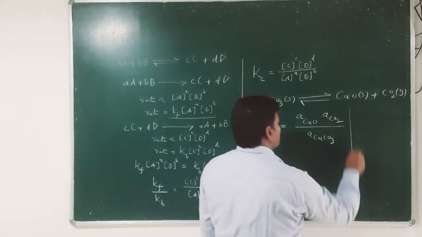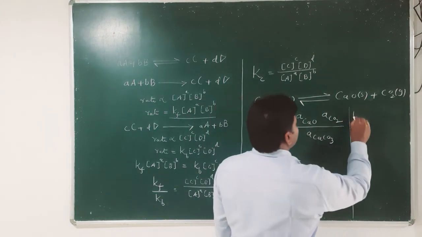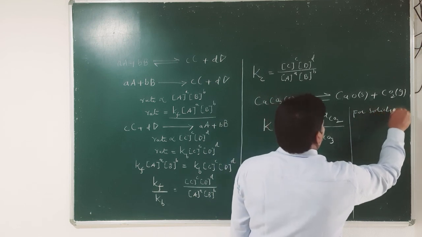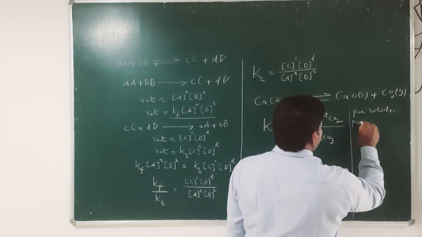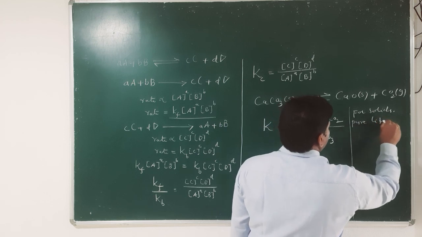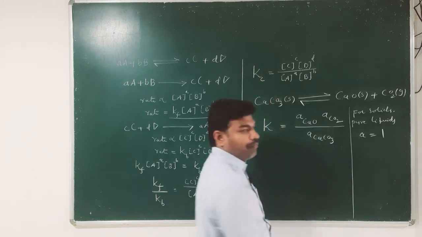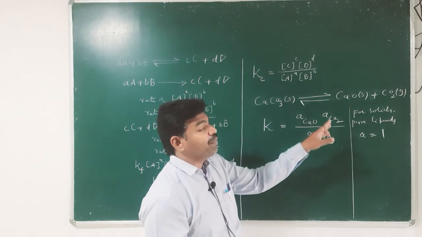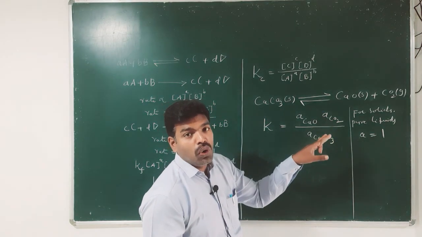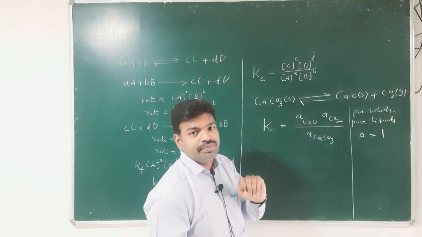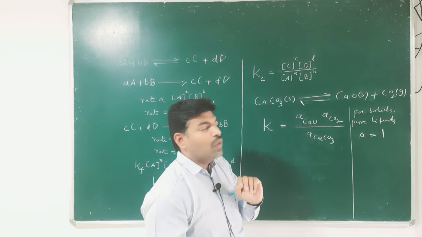Already I told you, for solids and pure liquids, activity is equal to 1, because in solids and pure liquids there is no movement of ions. So, activity is equal to 1.